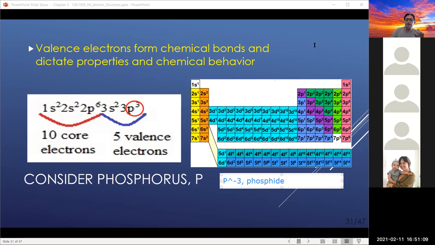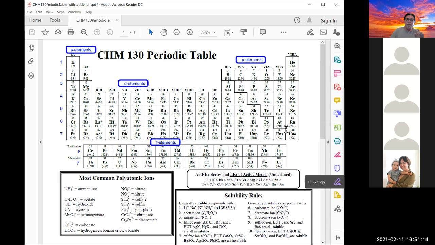Let me go up to the periodic table. Let me highlight that right here. Nitrogen, oxygen, and fluorine, when they become ions: nitrogen becomes nitride, oxygen becomes oxide, fluorine becomes fluoride.